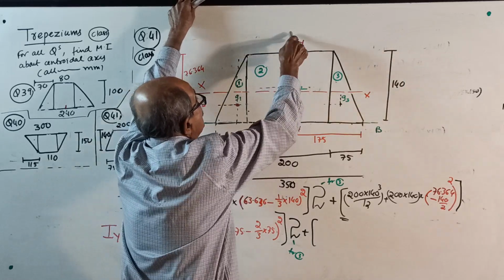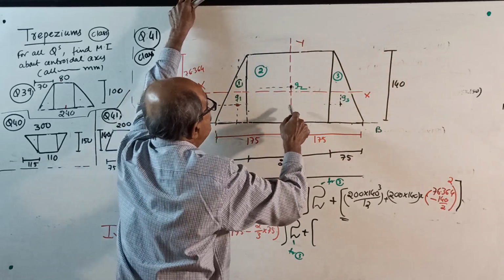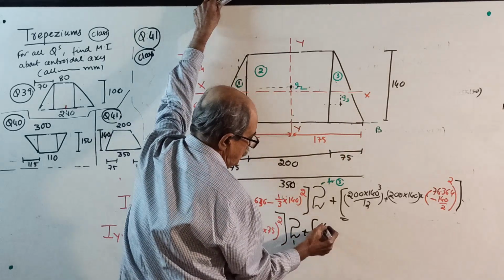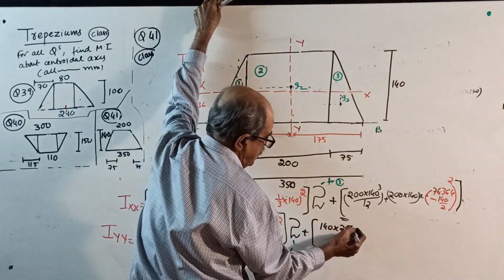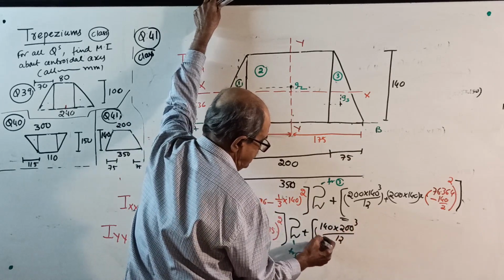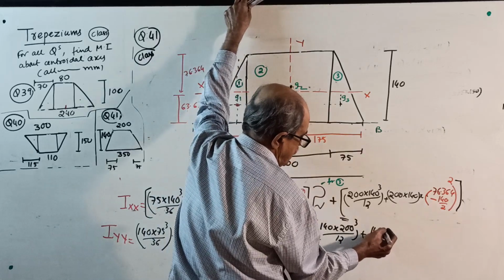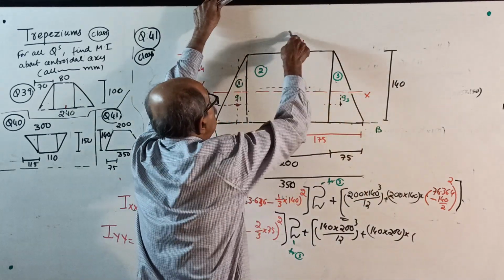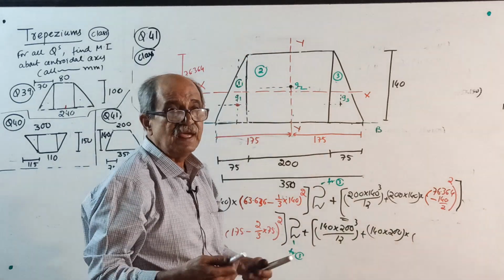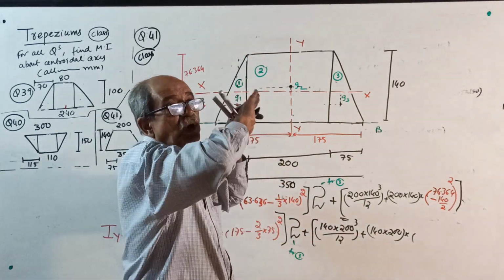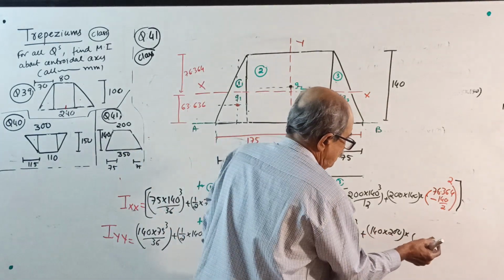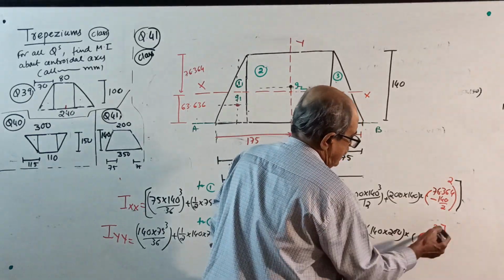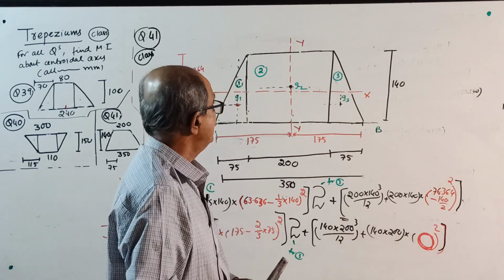First about its own YY, it coincides, so it is 140 into 200 cube by 12, Ig, plus 140 into 200 into the distance from centroid to YY. The centroid G2 lies on YY, the vertical axis, so the horizontal distance is not there, into 0 square. Calculate, you get I about YY. Finish.